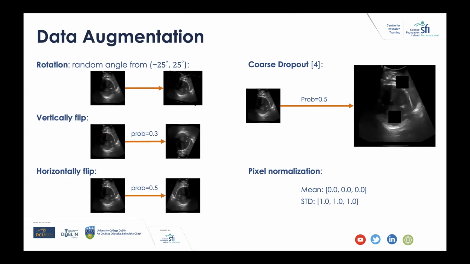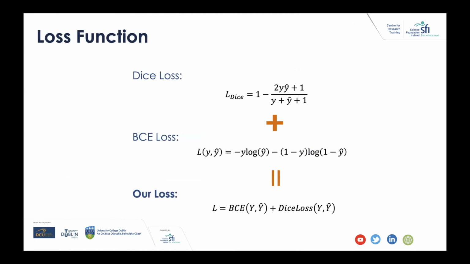We randomly cut out 4 by 4 pixel black boxes on single images with a probability of 50%. That keeps our model more generalized so we don't lose a lot of points on the segmentation result on the test dataset.